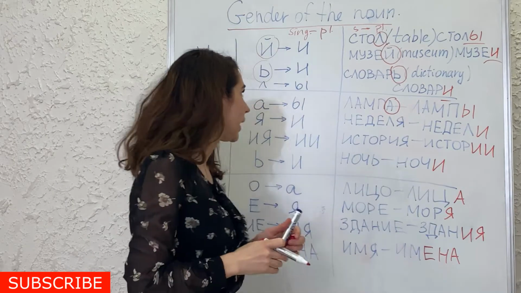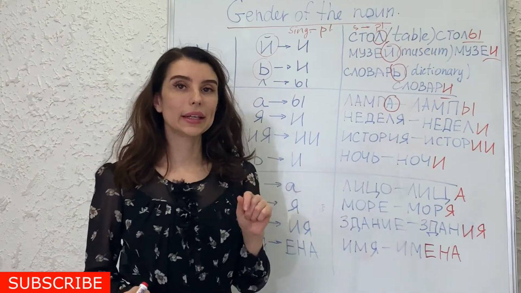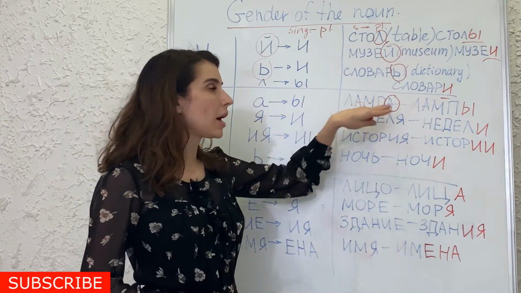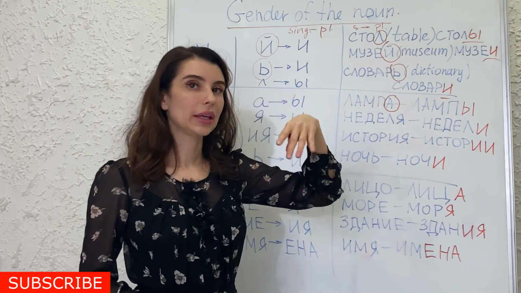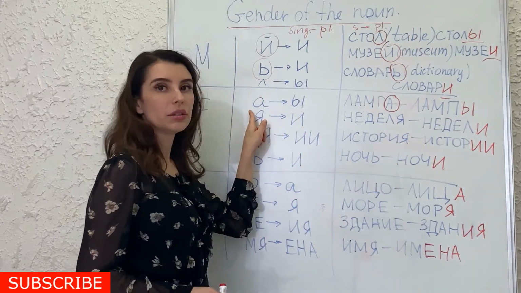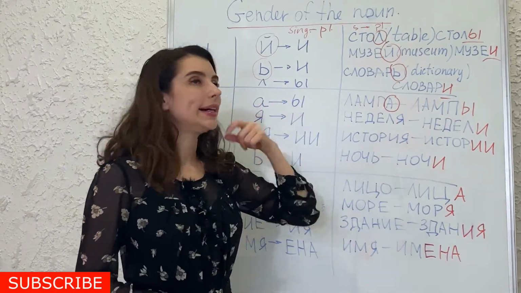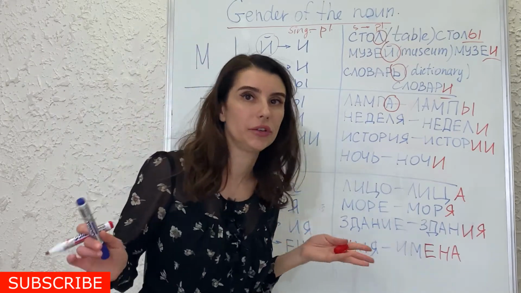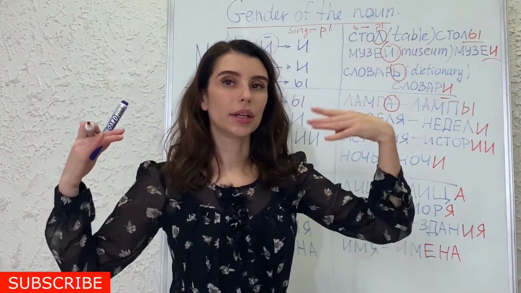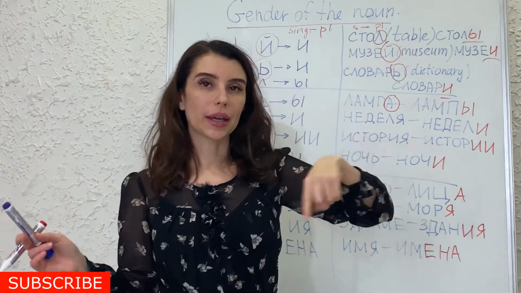So, next. If it's a female word, for example лампа, it will be лампы. If it's a lot, you can see а changing to ы. It's difficult to say this letter, I know, but try again and again and watch this video again.